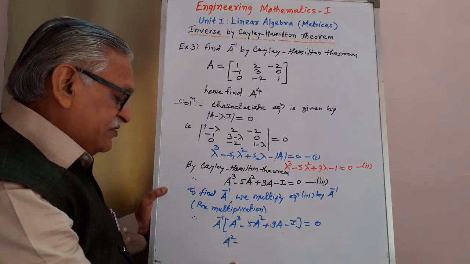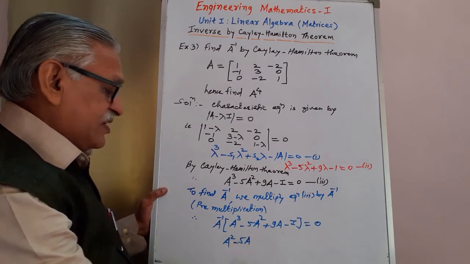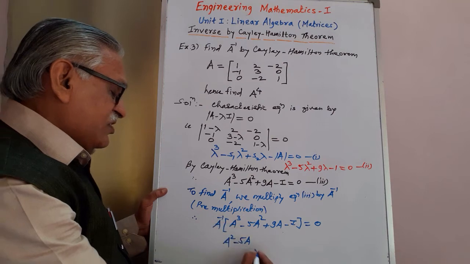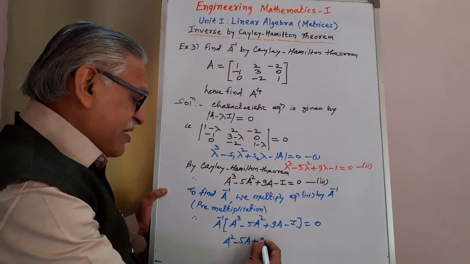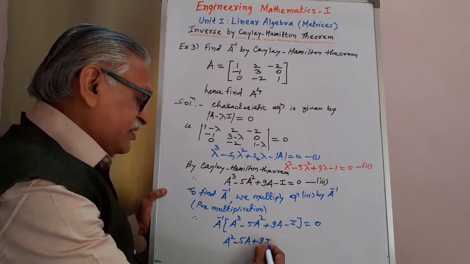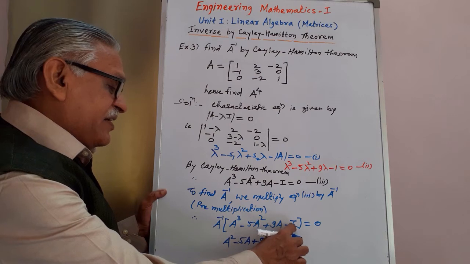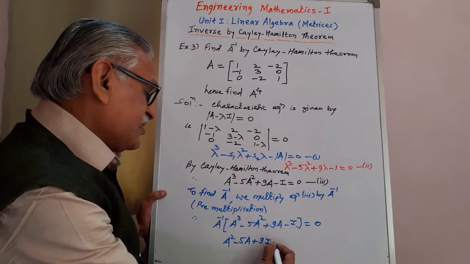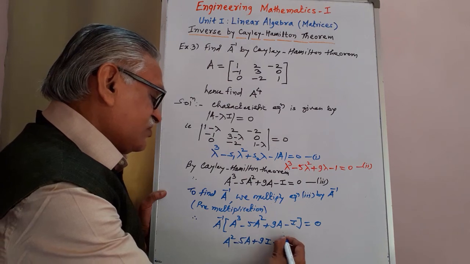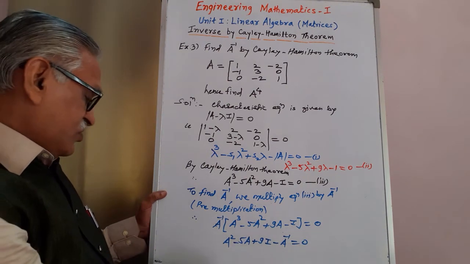Therefore it is 5A. A into A inverse, we get that one as identity matrix as per the property. Any matrix multiplied by identity matrix, we get the same matrix, and that matrix is here A inverse, equal to 0.